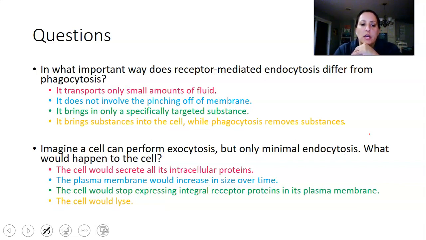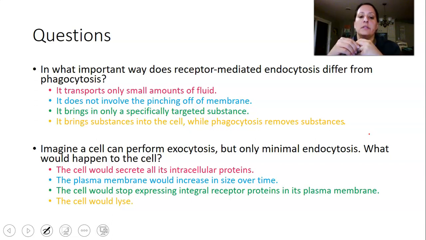Okay. In what important way does receptor-mediated endocytosis differ from phagocytosis? Red, it transports only small amounts of fluid. Blue, it does not involve the pinching off of the membrane. Green, it brings in only specifically targeted substances.